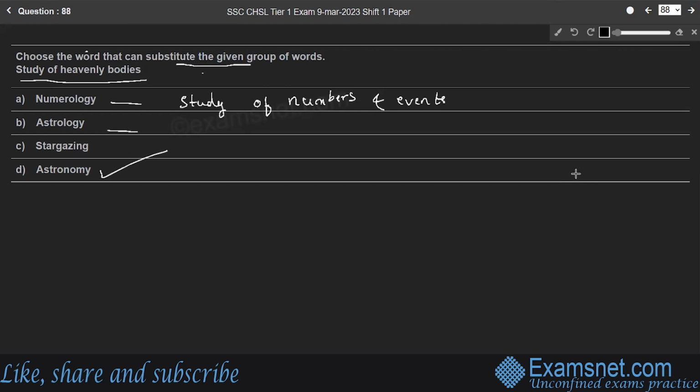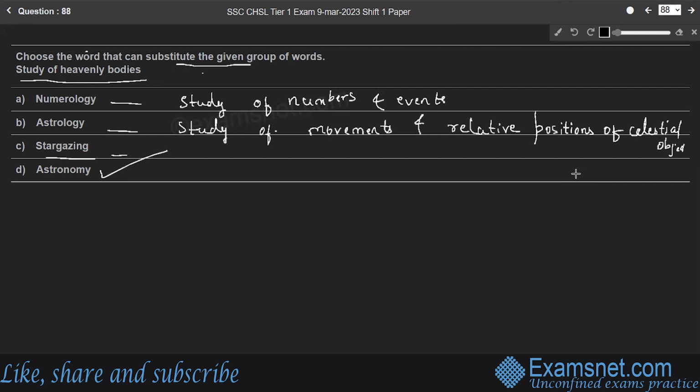So it's a study of movements and relative positions of celestial objects, right? Particularly planets. Whereas stargazing is an act of observing the stars and other celestial objects. Therefore, option D, astronomy, it's a study of heavenly bodies. Therefore, option D.